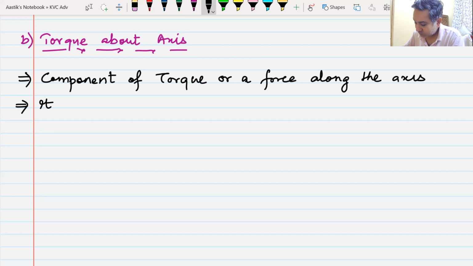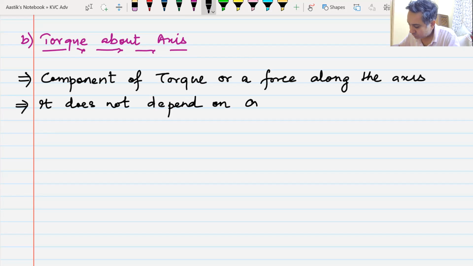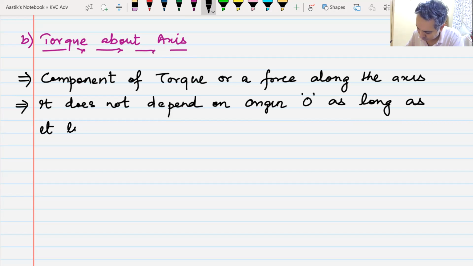It does not depend on the origin O, as long as it lies on the axis. Do we understand this? Yes or no?